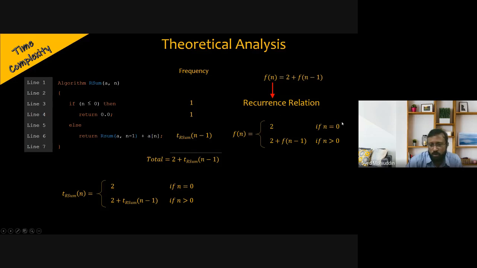Now this whole thing cannot be directly computed, or we cannot directly say that it's linear, quadratic, or cubic, because we don't actually know what f of n minus 1 and f of n will be.